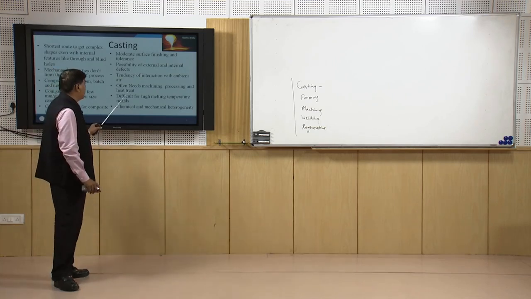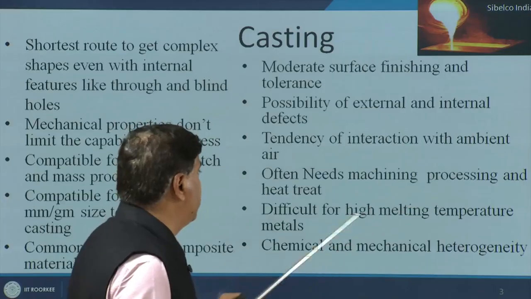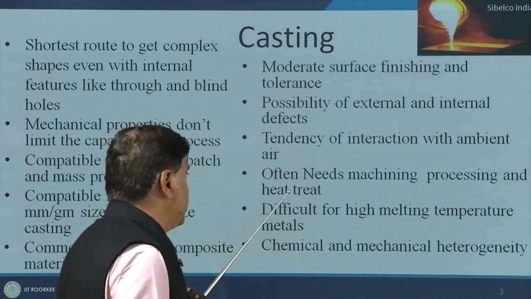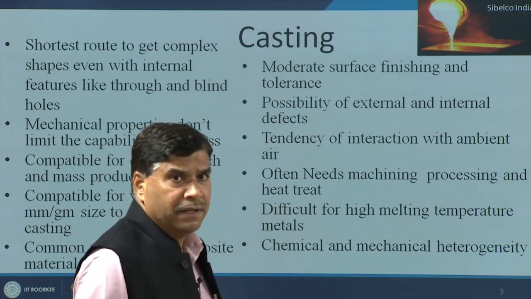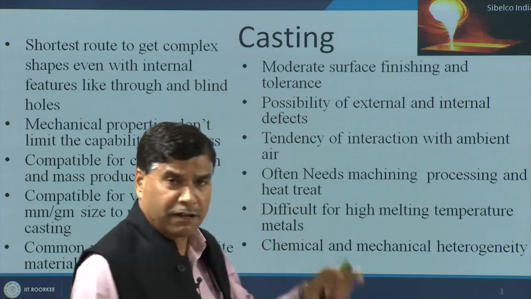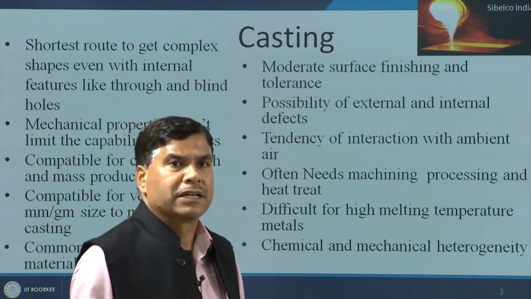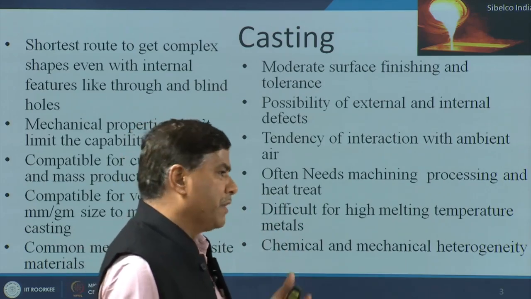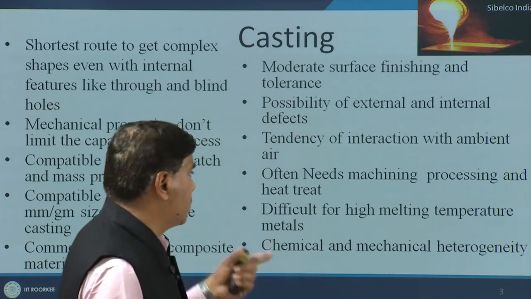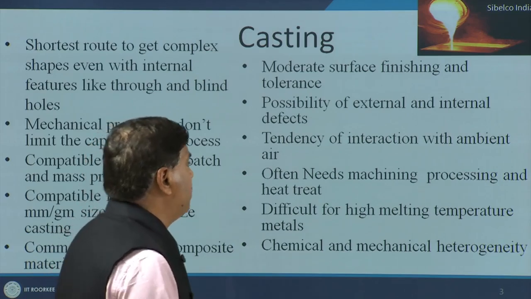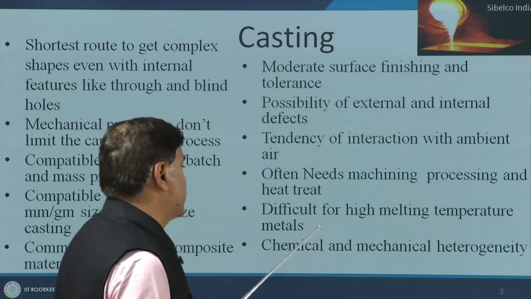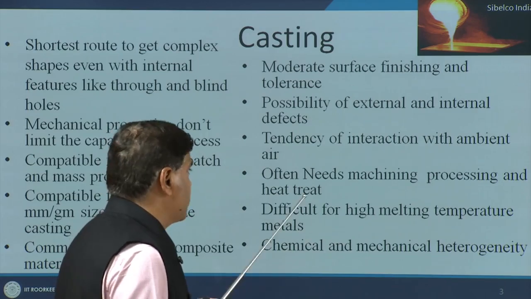and that will be leading to the defect. Often castings need machining and processing by machining and heat treatment. We know that since the control over the dimensions and surface finish which is achieved in the casting is not very good, therefore, to achieve the desired degree of surface finish and close control over the dimensions, machining becomes important as per the functionality or as per the requirement of the service.